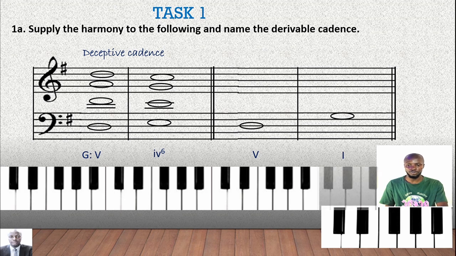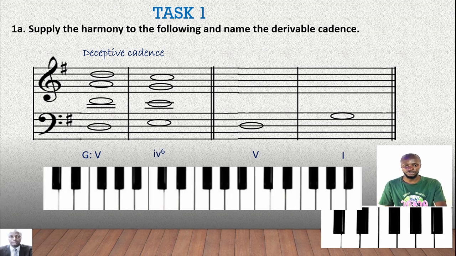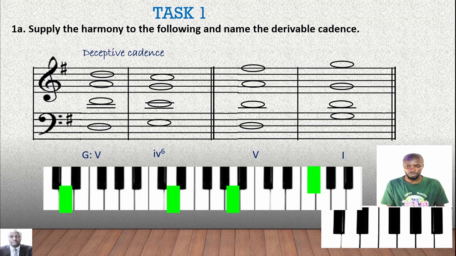Okay, now let's go to the next one. So we have this in the soprano, we have alto going this way, then tenor this way. So it sounds from 5 on G major to 1, right? So that is a perfect, authentic cadence, right?